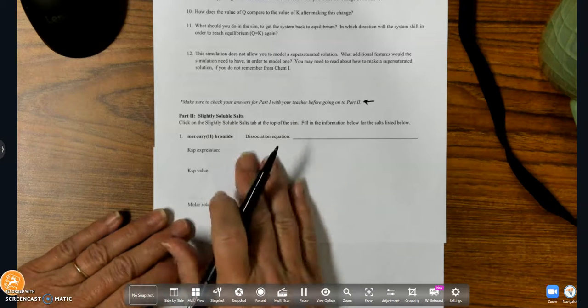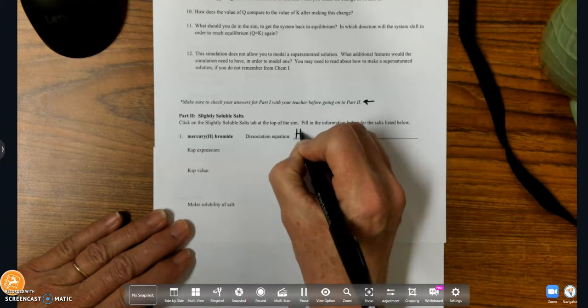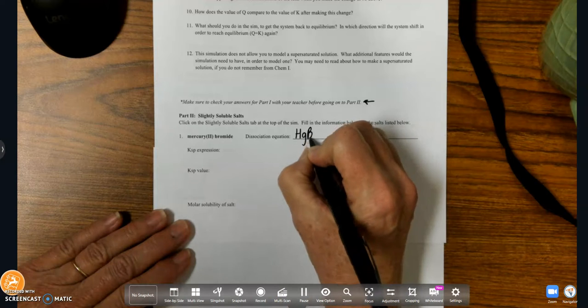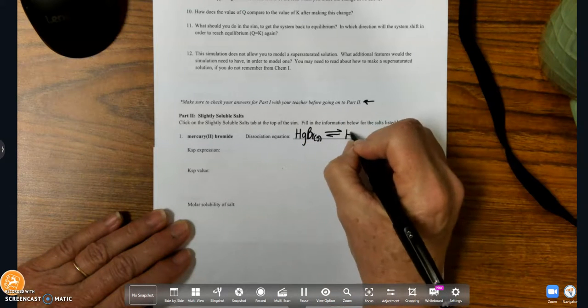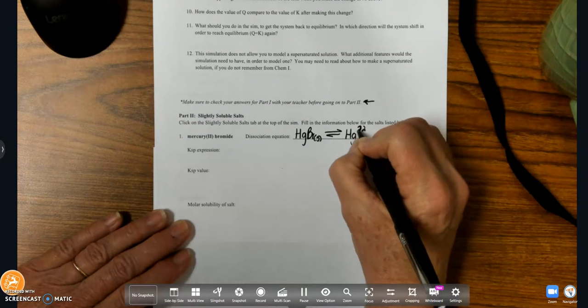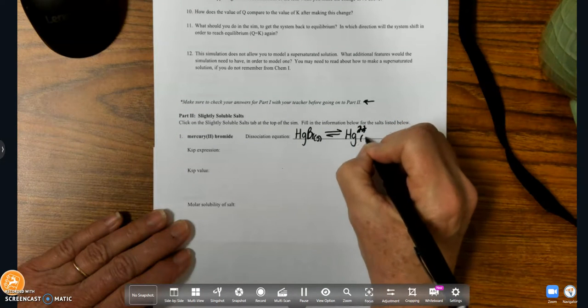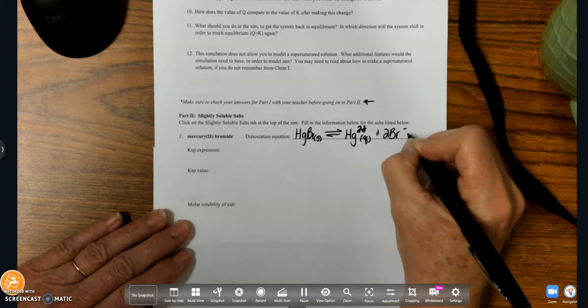All right, so let's go back to our packet. So the first thing we want to do is look at what equation we have here. Remember, we're going to put our solute first, always, because it's dissolving into its ions. I put Hg 2 plus there, plus 2Br minus.